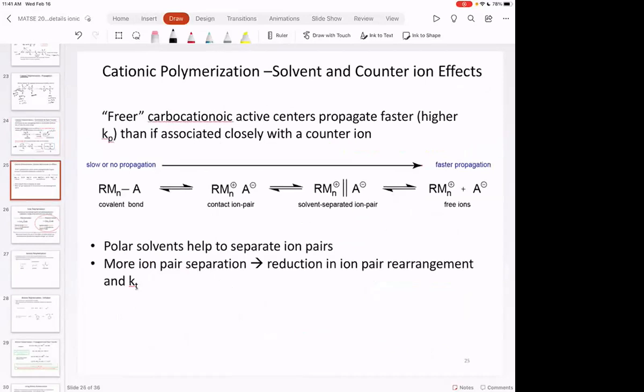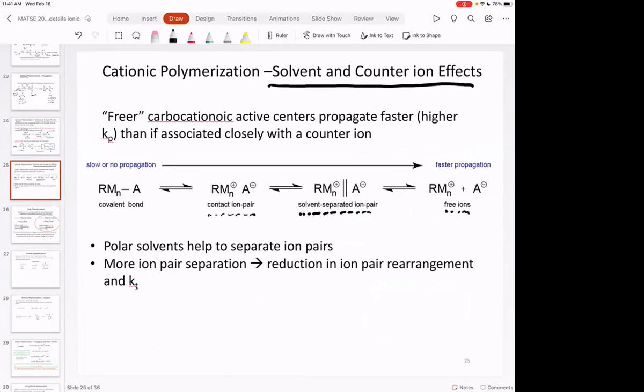And so just what we mentioned before, because the growing chain end is what we can call a contact ion pair, or in some cases, solvent separated ion pair, or free ions.